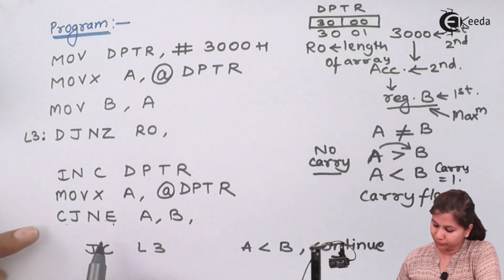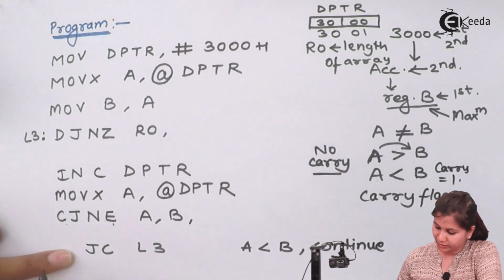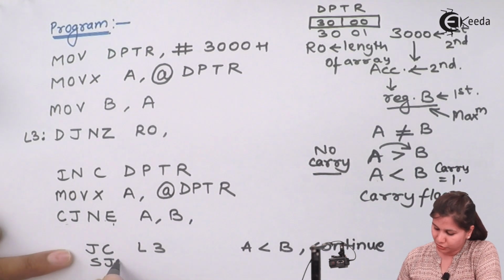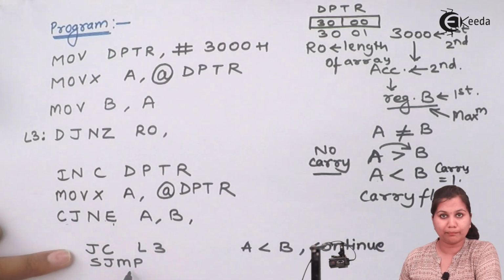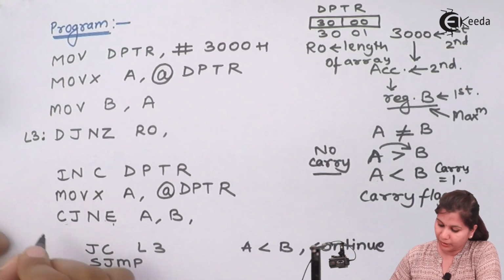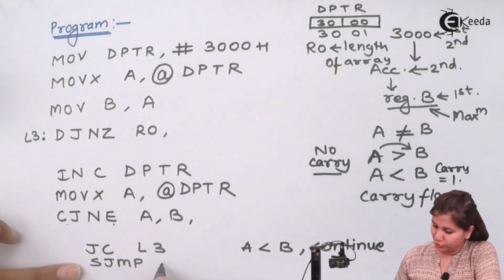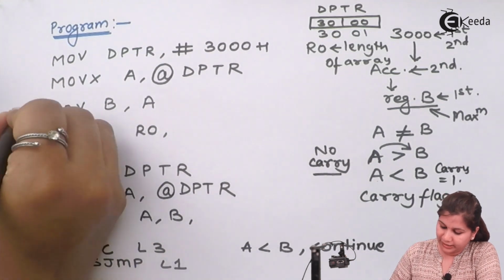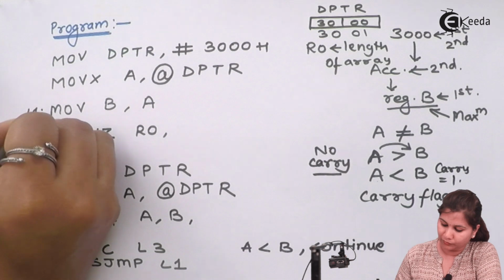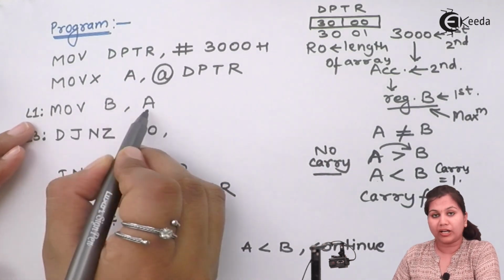So when carry is not generated, we will use a short jump instruction, which will jump to this position. So here we will write L1, and L1 is written here. And the exchange of contents is done.